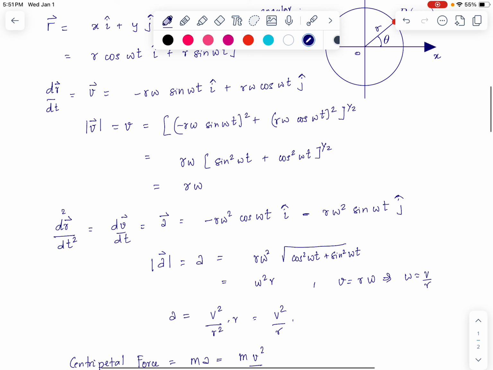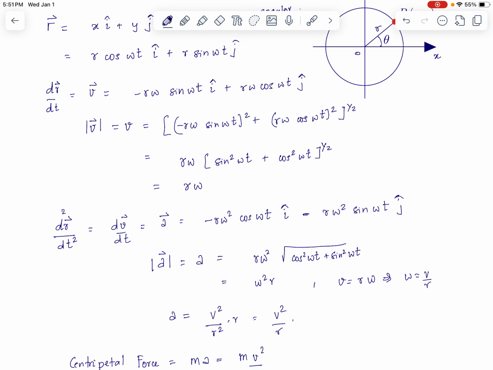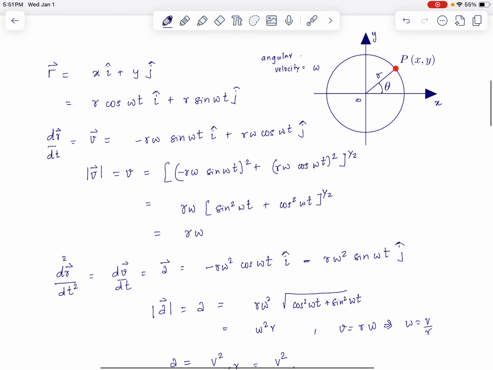So let's recap what we just did so that we can understand how to derive this from scratch. We have a particle that's moving in a circle, and its current position is point P with coordinates of x and y, and the line between the point P and the origin makes an angle theta with the x-axis.